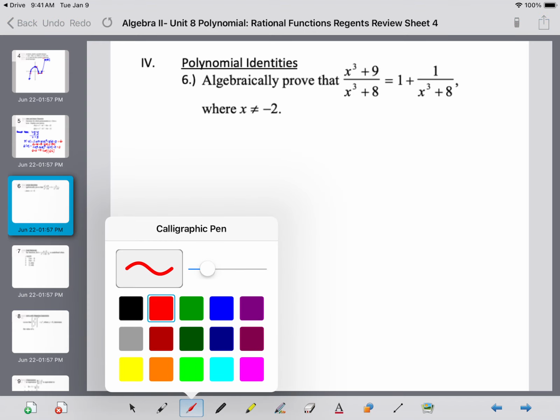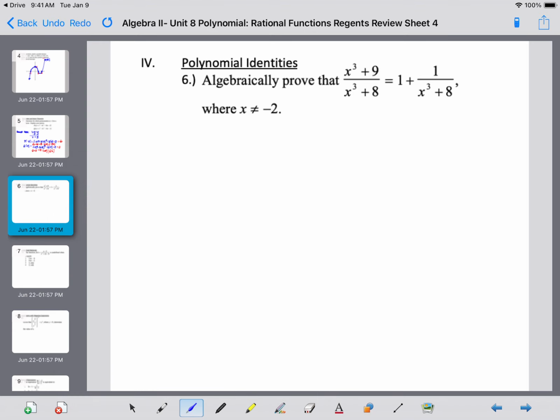Now we have polynomial identity. It says algebraically prove that this equals this. So, to prove this, what you're going to have to do is prove the left side equals the right side. In order to combine two fractions, you have to have a common denominator. So, 1 is the same as saying x to the third plus 8 divided by x to the third plus 8.